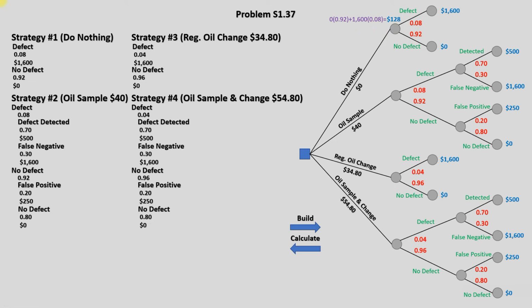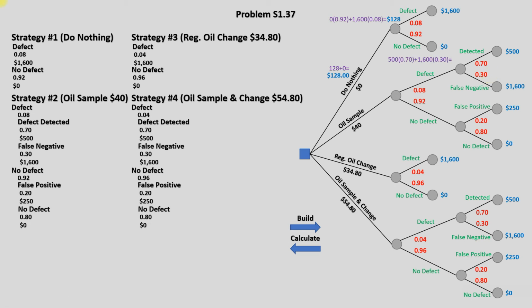Now let's see how much strategy 1 is going to cost us per vehicle. So the way we do that is we take our upfront cost and add it to our expected value at our first state of nature, and we get $128 because our upfront cost is 0. Next, let's look at strategy 2. Again, we're going to have to take our final cost at the end of each branch, multiply them times our probabilities of each state of nature to get our expected value.